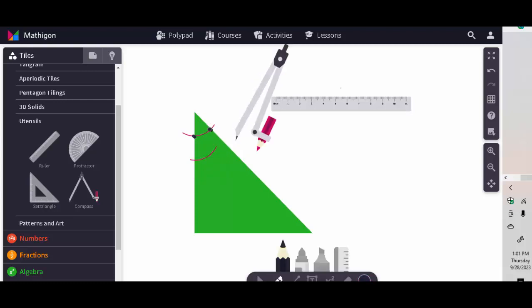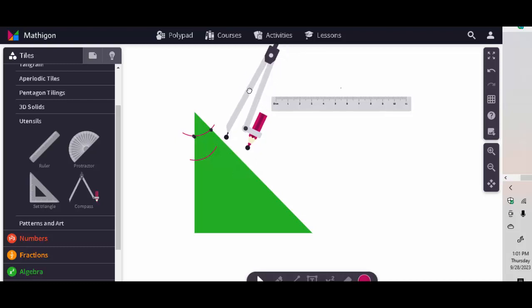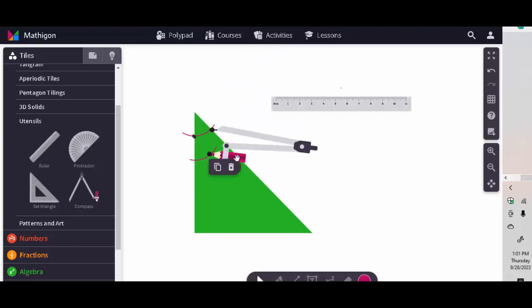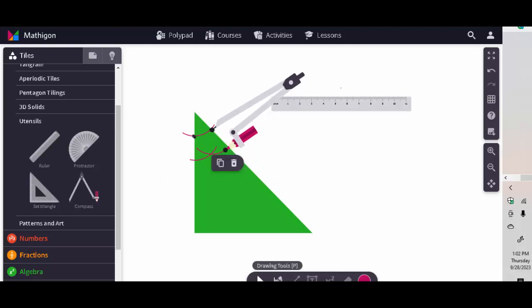Now we're going to mark on the arc where it met the other side of the triangle. And again, we're not going to open or close our compass anymore, leave it the exact same. Put the pointy part where it meets. And then do another arc. And you can see here that those 2 arcs we just made overlap there.